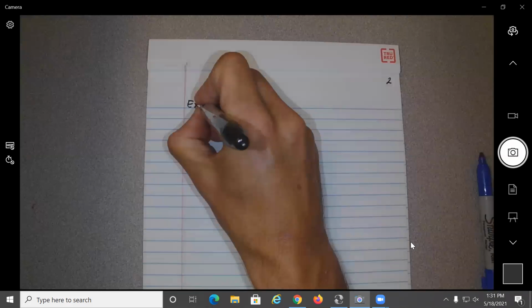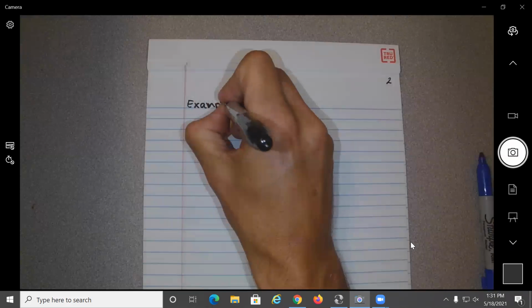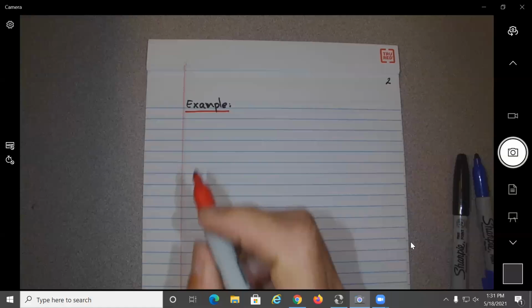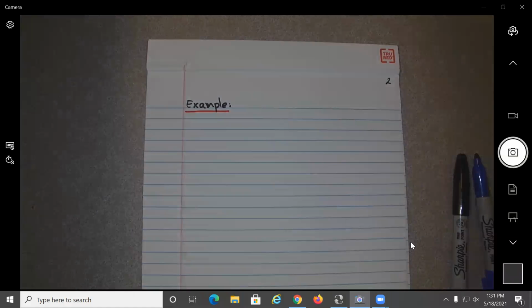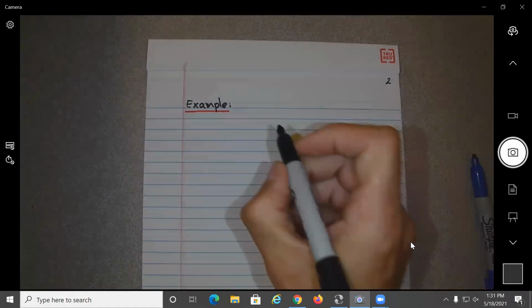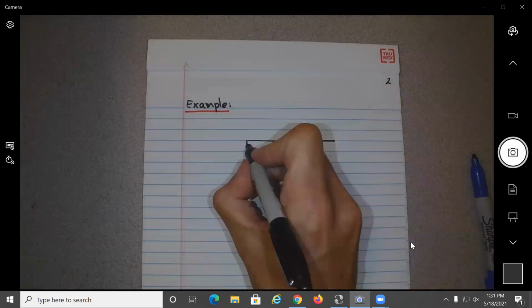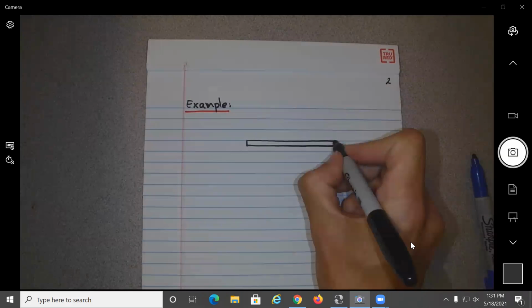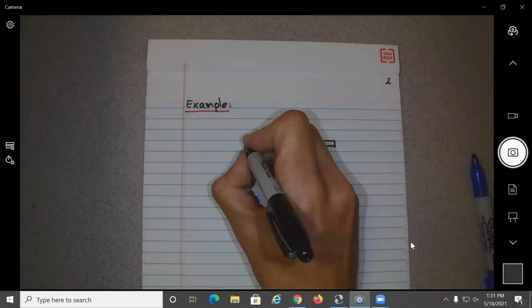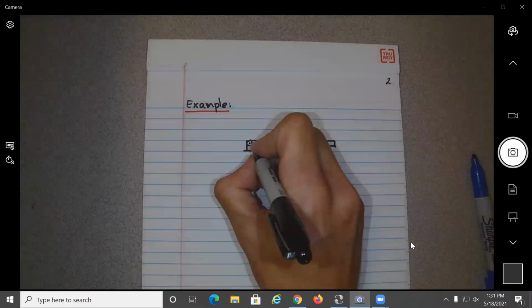All right, so example. Let's say we have a beam that is simply supported at this end over here.